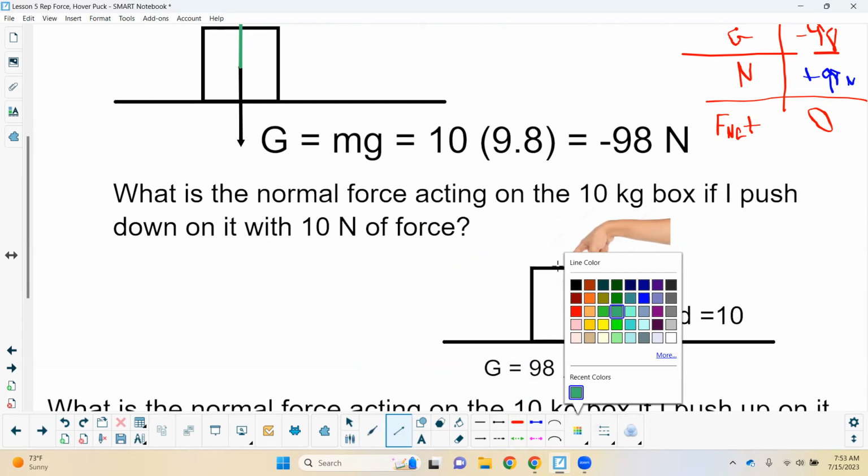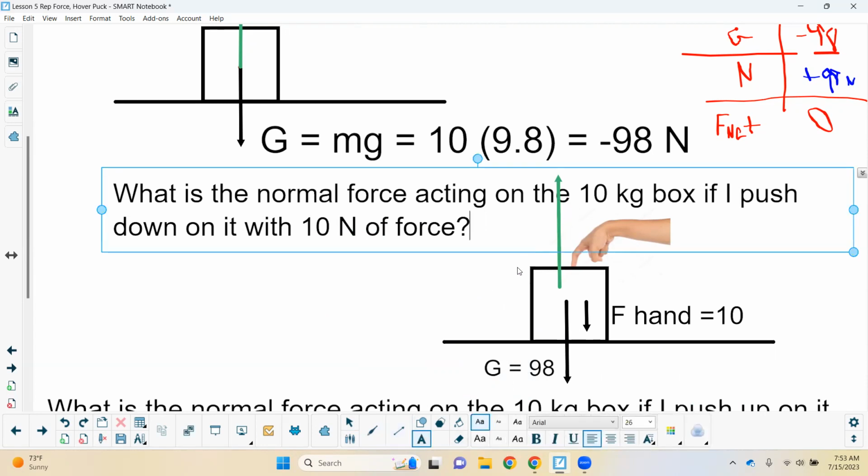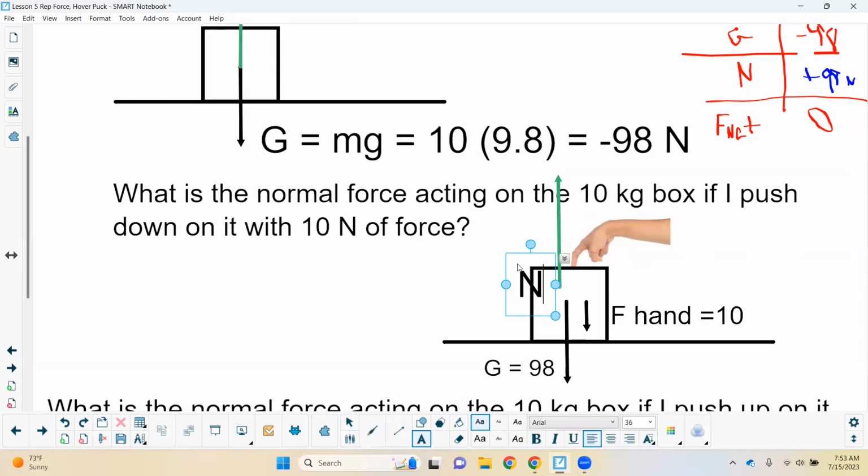So when I draw this force going up, these two together are getting canceled out by our arrow in green there, which I described as my normal force. So really we're looking to try to figure out, all right, how much normal force do I need? Because I pushed more downward and the box isn't moving down, that means the floor or the surface is pushing more upward.